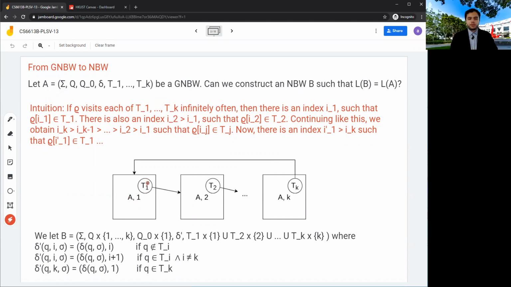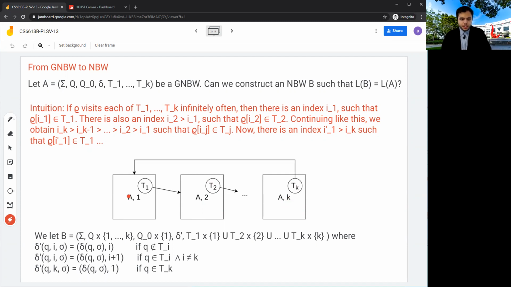When you get to a target in the first target set, you switch to the second copy. Then you run normally until you get to a target in the second target set, and then you go to the third copy. This happens until you get to the K-th copy. And at that point, if you get to a target in the K-th target set, you go back to the first copy. Okay?